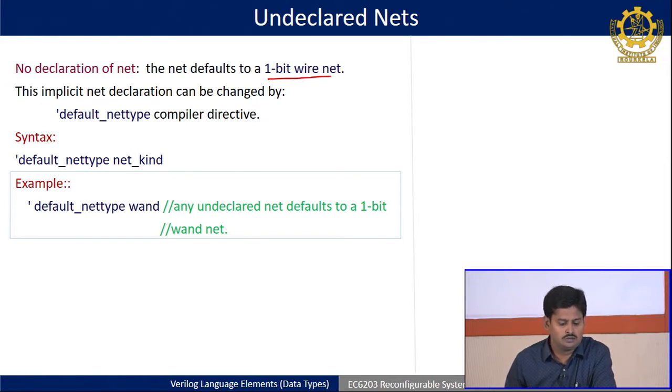So there is a compiler directive by which we can override this default data type called wire. We can assign that instead of wire we may have wor, or wand, or triand. These are called `default_nettype.